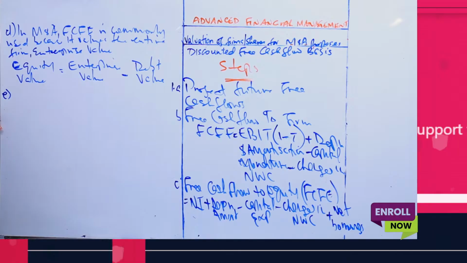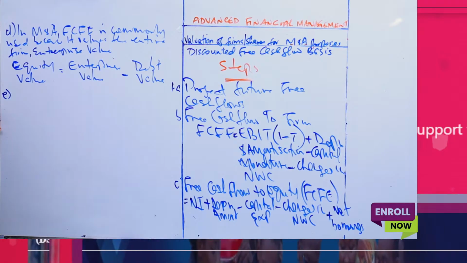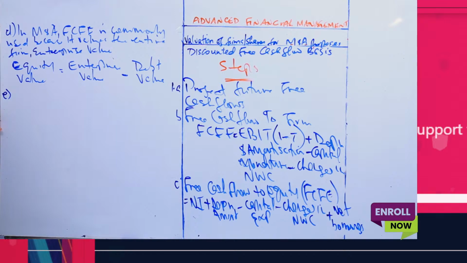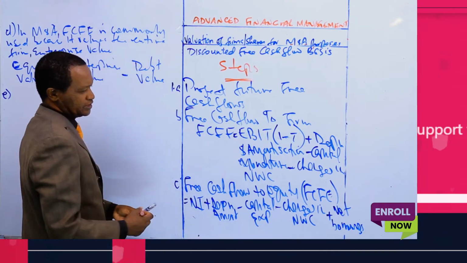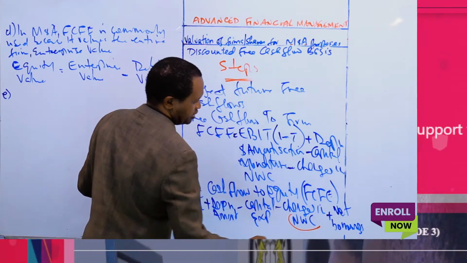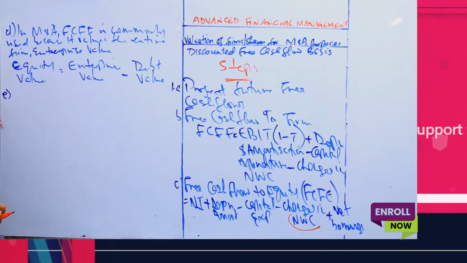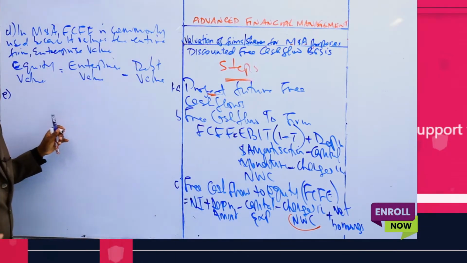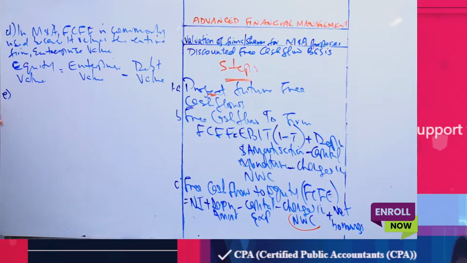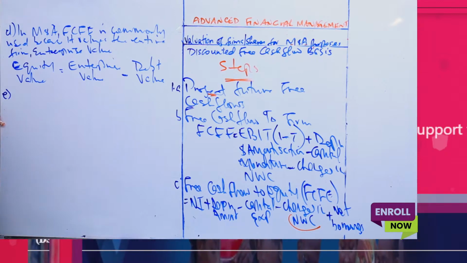In the discounted free cash flow basis, projections require detailed assumptions about revenue growth, profit margins, capital expenditures, changes in working capital needs, and the tax rate.